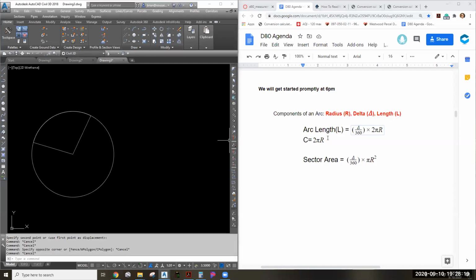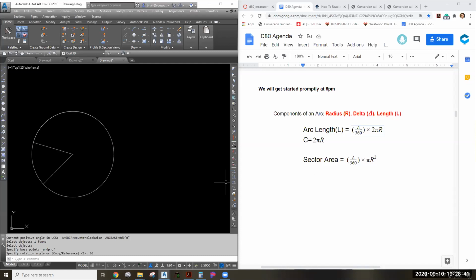So let's say we had a 60-degree angle. Okay, 60 degrees within a 360 circle is a sixth of the area of that full circle.